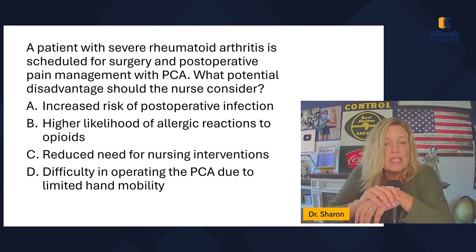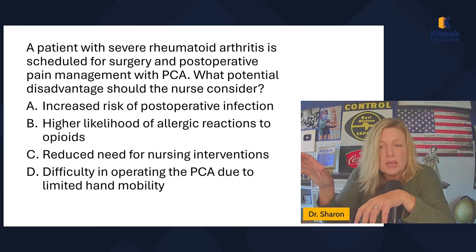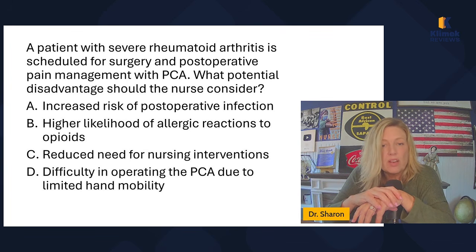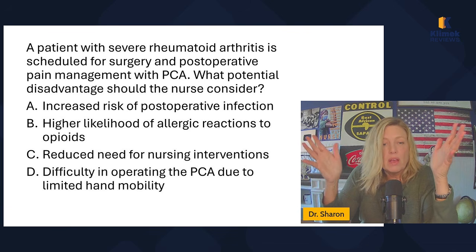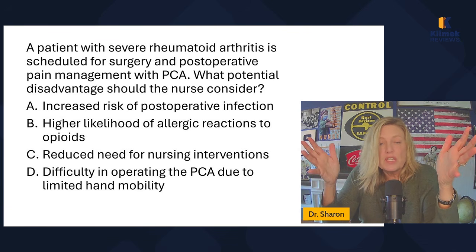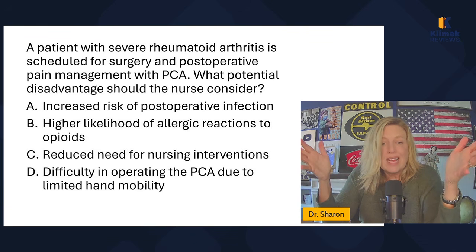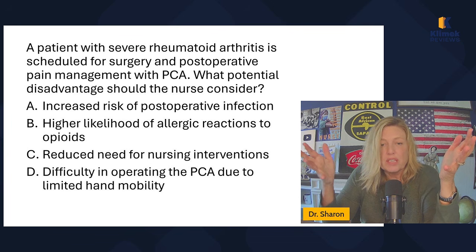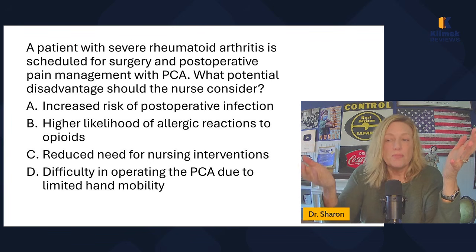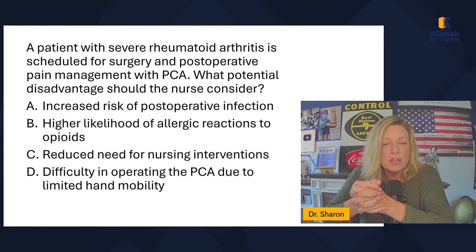So is there any reason to think that would increase their risk for post-op infection? No. Any reason to think they have a higher likelihood of allergic reaction? No. And reduced need for nursing interventions is not necessarily a disadvantage. And I don't even know that that's a true statement anyway. I mean, we're still going to have nursing interventions. They may not be pain interventions, but we're still going to have nursing interventions.